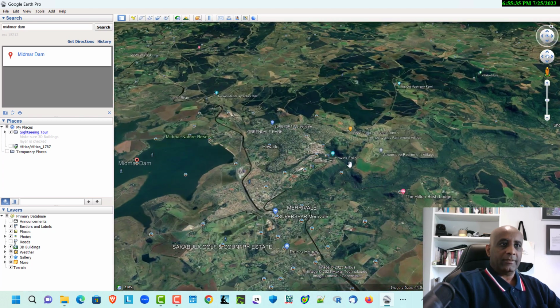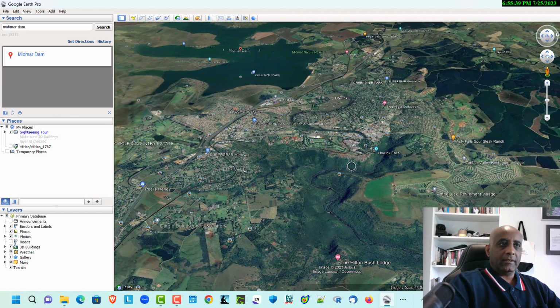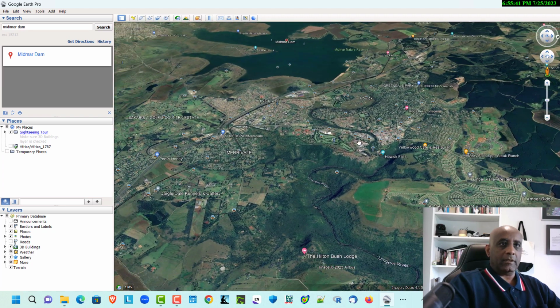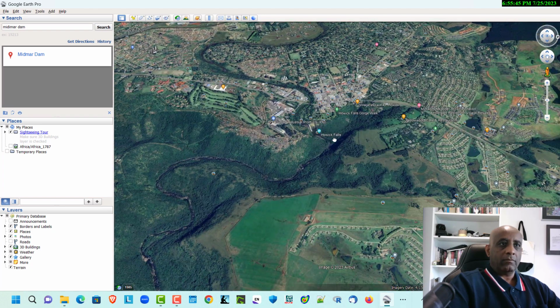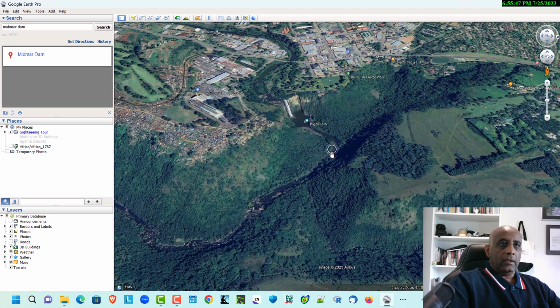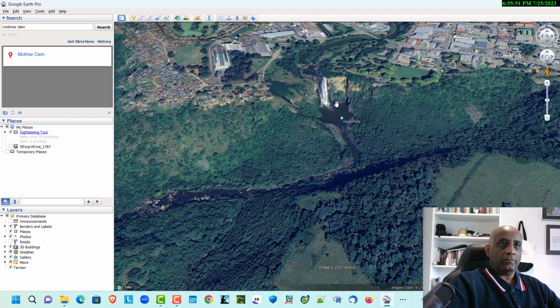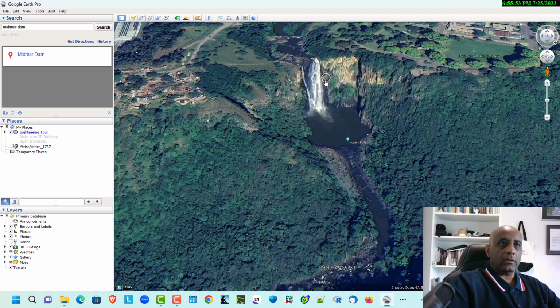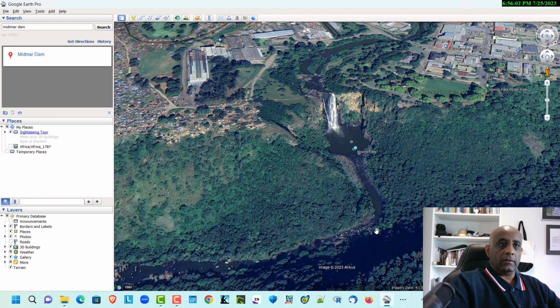So you can see Midmar Dam. There is a city called Howick on the downstream side. Then the Howick Falls. You can see the Howick Falls, around 150 or maybe more than 100 meters, according to the contour.